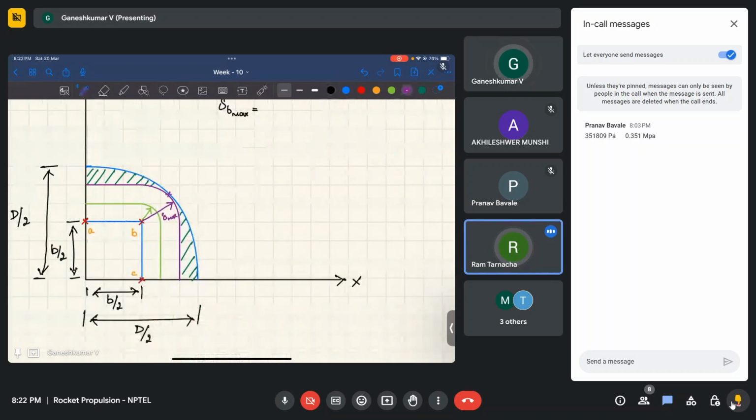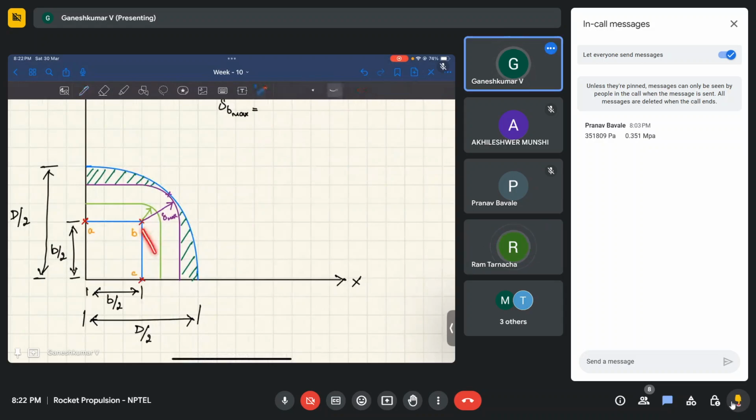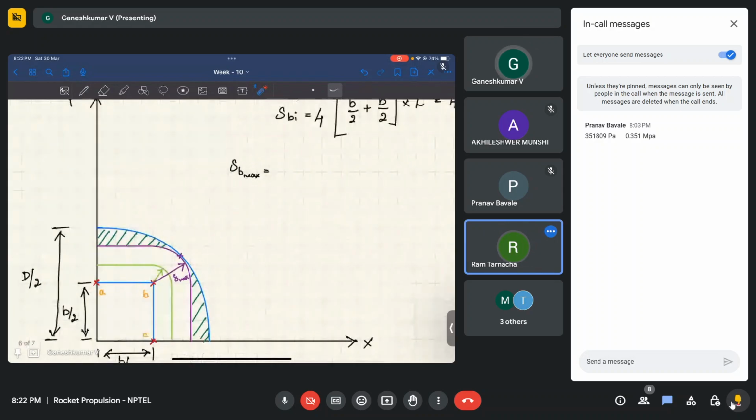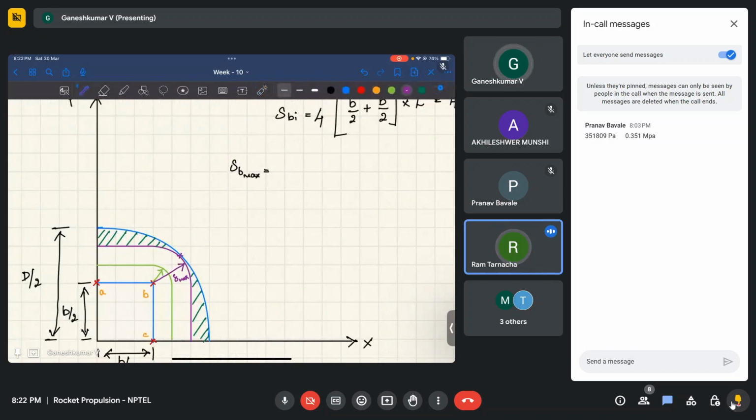This is the minimum distance from the inner surface to the outer surface in the initial burning. This is the delta max, the web thickness that we already know. So when this reaches the web thickness, that will be the radius for this curved surface.